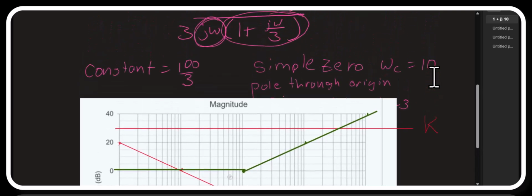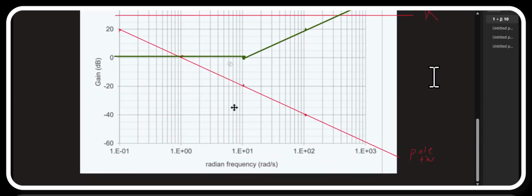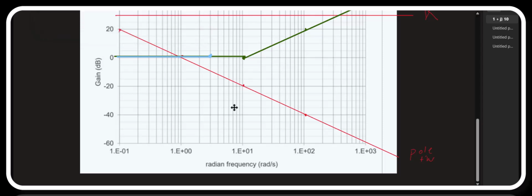And then the last one we had was a pole with corner frequency 3. So we'll go to 3. If this is 1, that's 2, that's 3 right there. A simple pole is 0 until you get to the corner frequency, and then it has a slope of negative 20 decibels per decade.